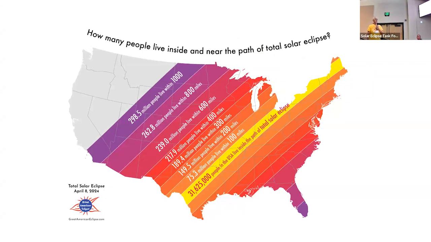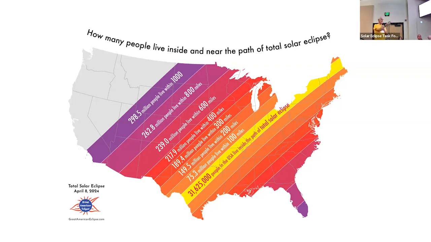Another remarkable fact about the 2024 eclipse is the proximity of major population centers to the eclipse path. A sum of 31 million people already live inside the path. But if you look at these numbers, these are 100-mile bands, except they go to 200-mile bands further out.